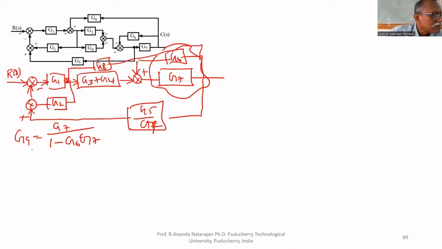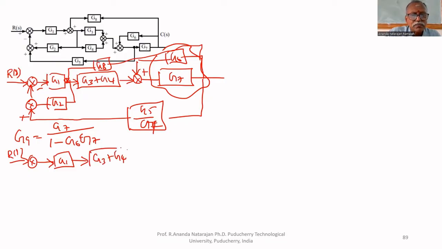Therefore, this can be written as R of S, G1, G3 plus G4, G9, that is cascaded. This is G10.